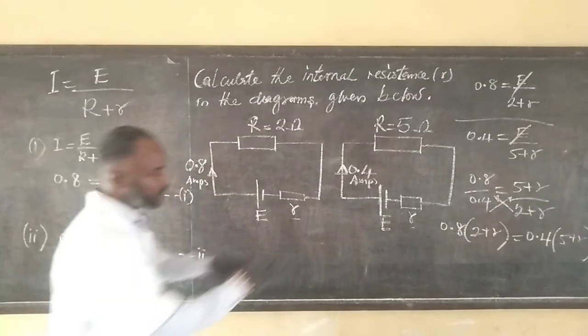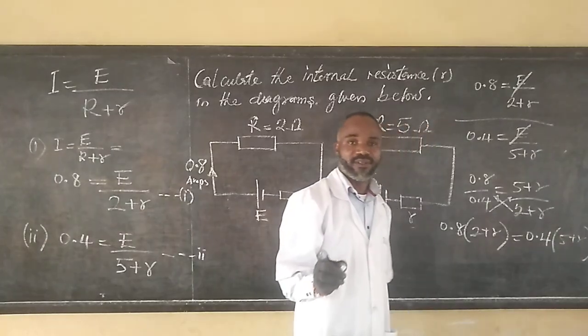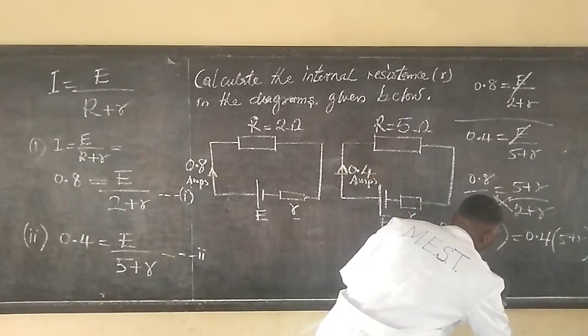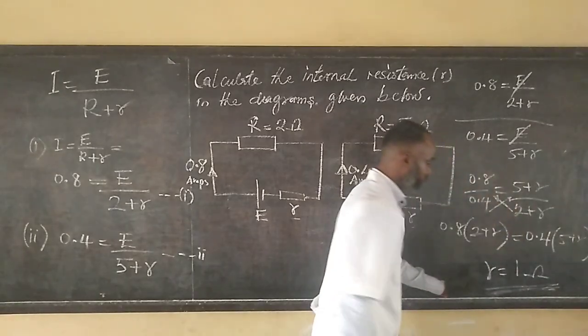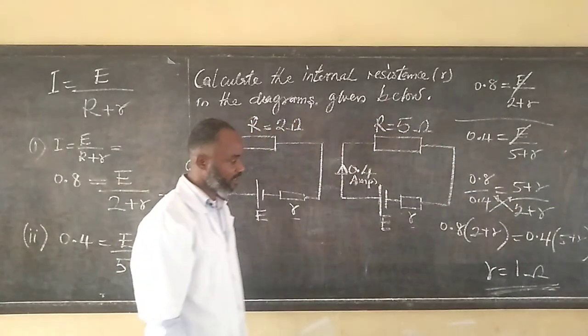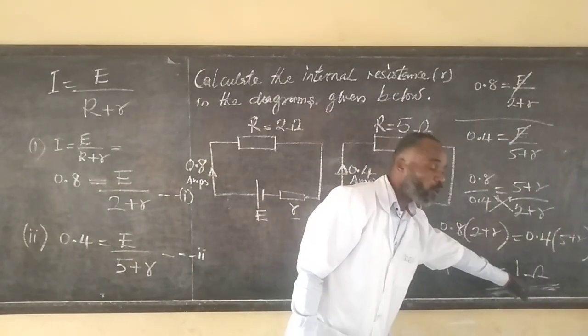By the time we are done simplifying and collecting like terms, our answer is going to be r is equal to 1 ohm. That's the internal resistance. Can you see? The internal resistance r is 1 ohm.